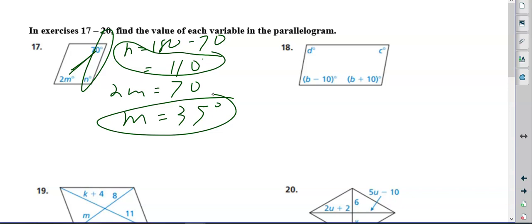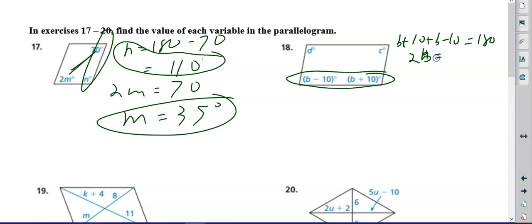Okay, so nothing but variables and some numbers. So we know we're going to work with two letters that are the same. So b plus 10 plus b, careful, it's minus 10, must be supplementary. So that's 2b equals 180 because these both cancel each other out.